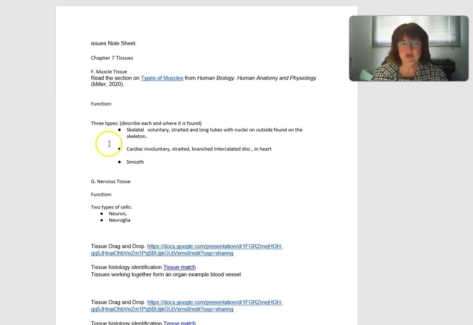Next is smooth muscle. Smooth muscle is also very unique, in that it is involuntary. It has no striations, and it is found in the gut and blood vessels.